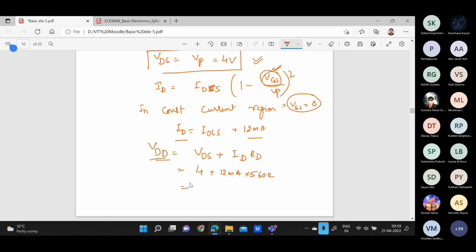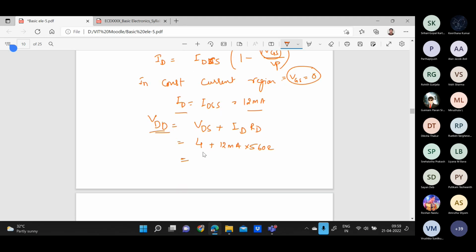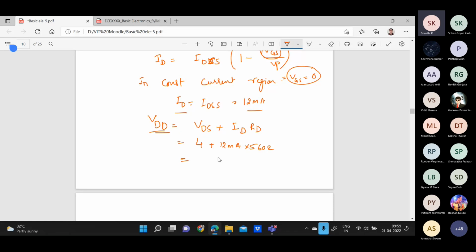That is the value of VDD to make VDS equal to VP, the pinch off voltage. It's 10.7 volts. So this is the answer.